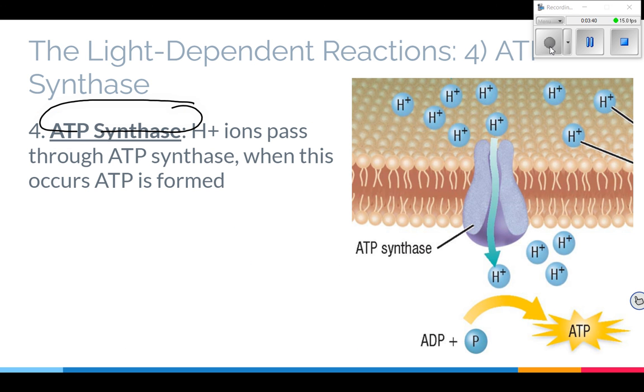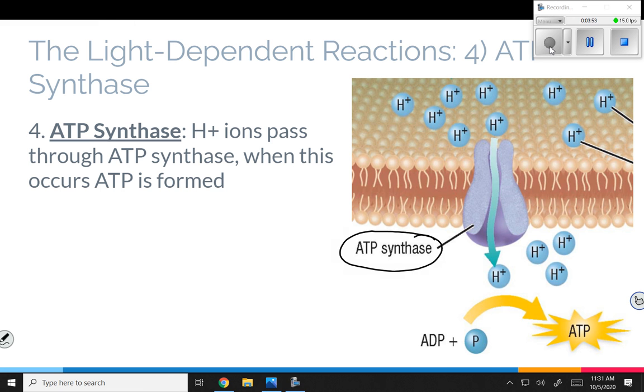And then finally, let's get back to why we had to pump the hydrogen ions in. The reason is we're going to use that gradient to make ATP. So this is a protein called ATP synthase, and this is the inside of the thylakoid. So like before, here was photosystem number 2, the electron transport chain, photosystem number 1.